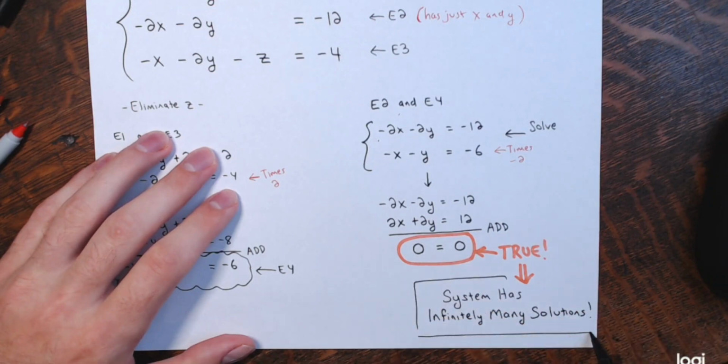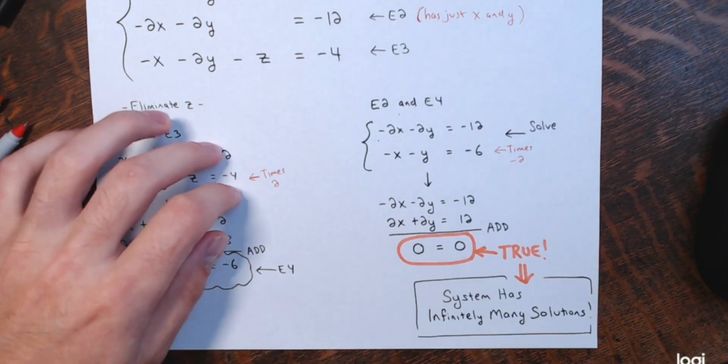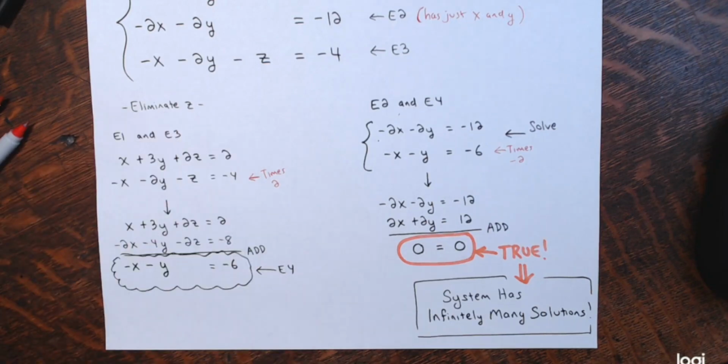Okay, this system, there are infinitely many values of x and y and z that you could use that would satisfy all three equations. All right.